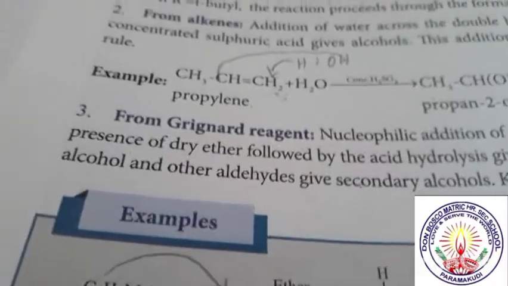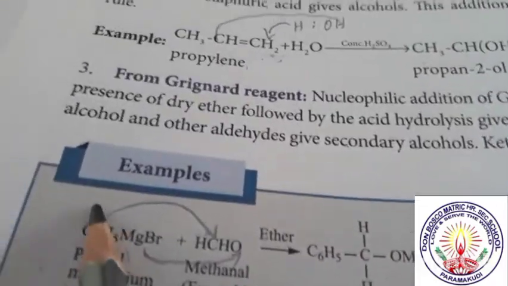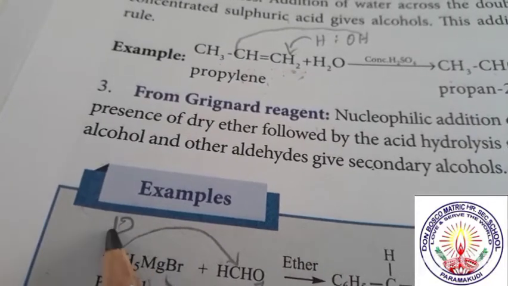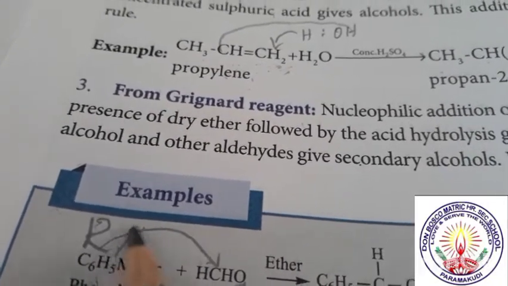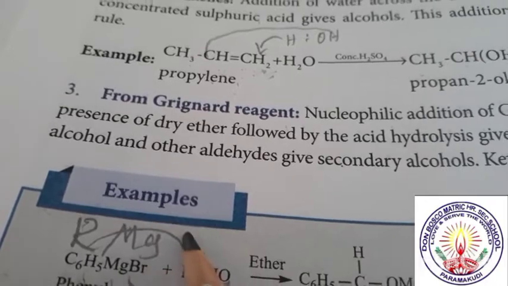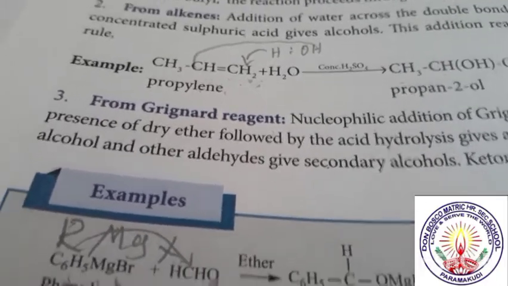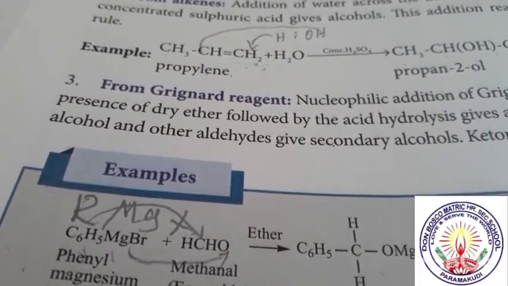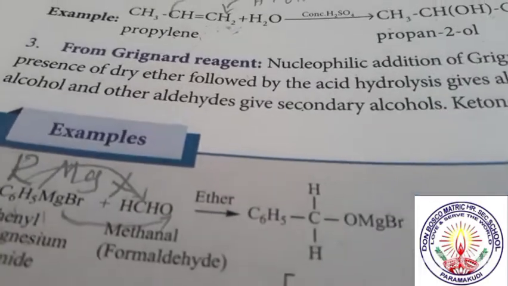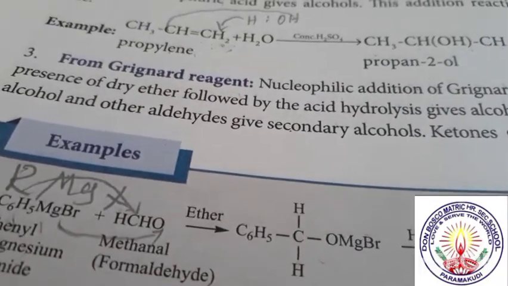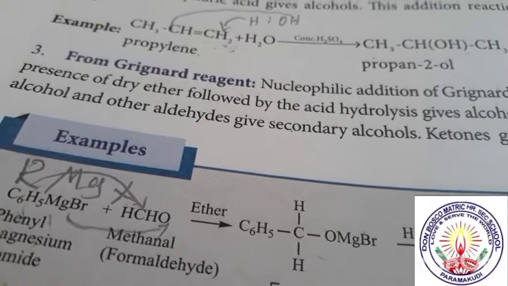RBrX. This formula can be written RMgX. So here one alkyl, halide and magnesium. So we are taking the primary alcohol, that is formaldehyde.